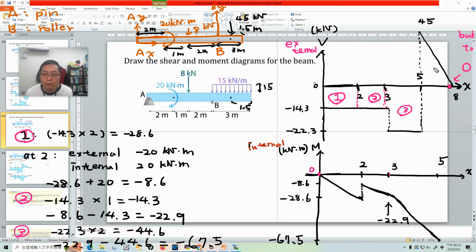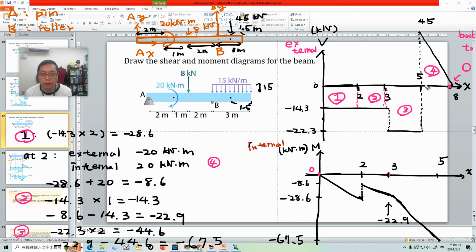What's the area for this area? Because we know the change in moment is equal to the area under the shear curve. Let's calculate the area for area 4. Here is 45.